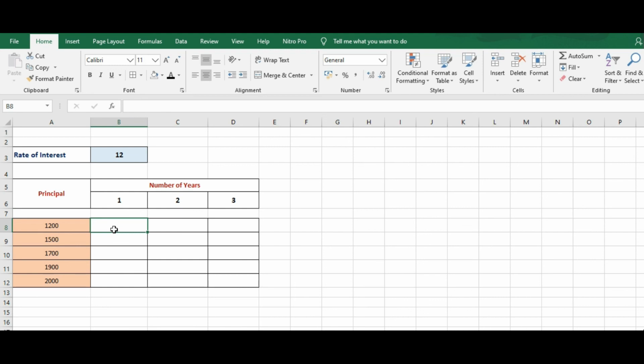So for this one, the interest will be the principal amount multiplied by the rate of interest multiplied by the number of years. The rate of interest should be fixed, so I'm using the dollar sign, divided by 100.